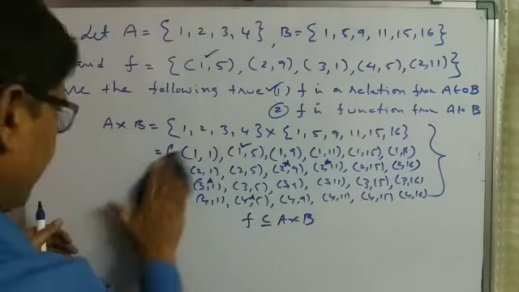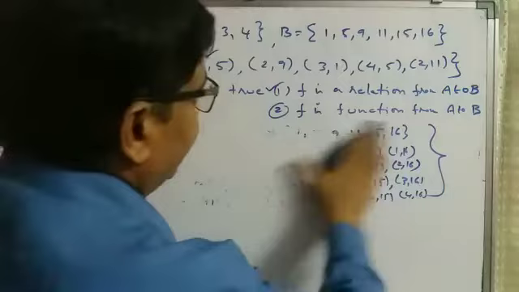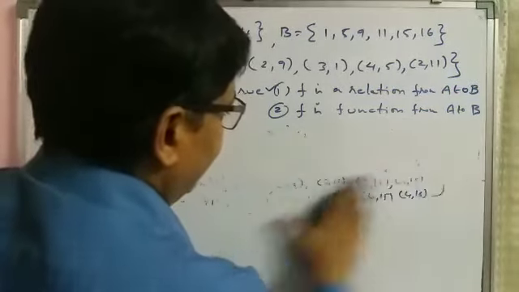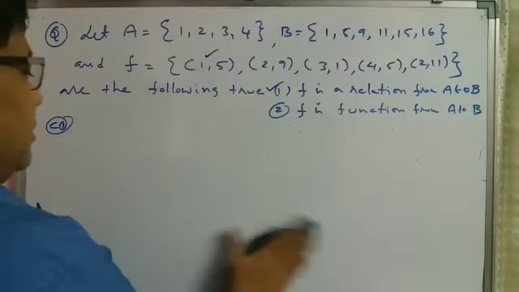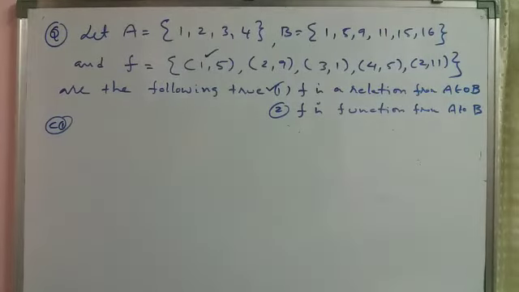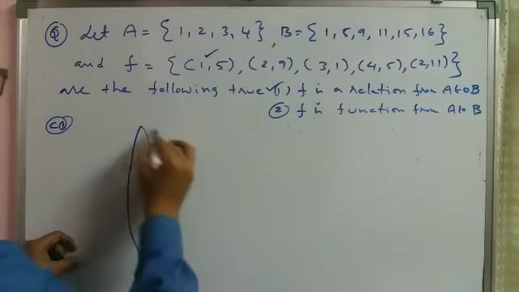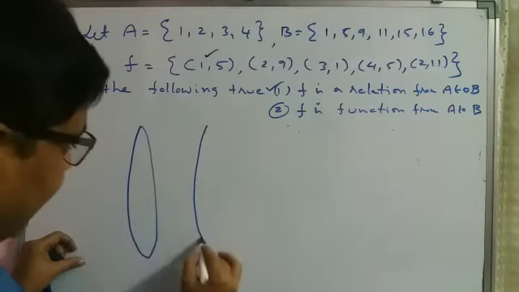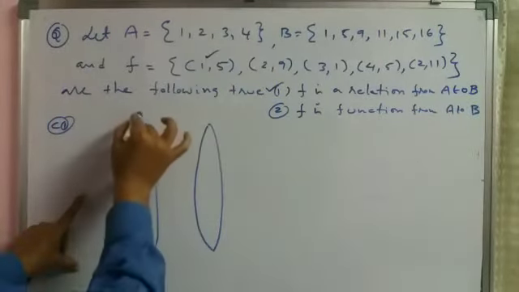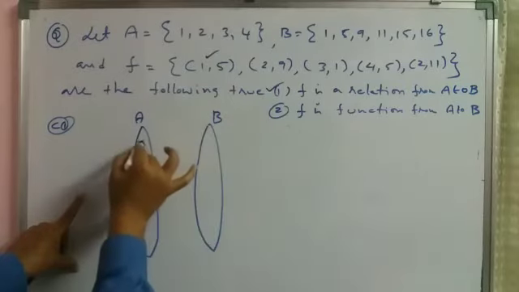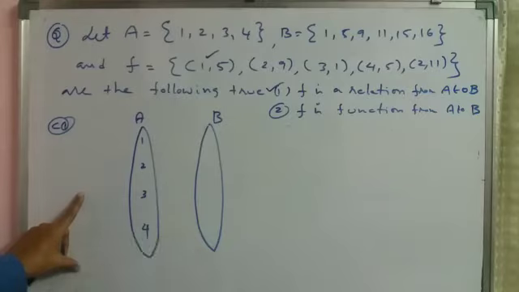Now case 2. For case 2, I am following the arrow diagram method, so you can easily understand. First draw the two sets using the Venn diagram method: first set A, then set B, opposite each other. Set A elements are 1, 2, 3, 4.